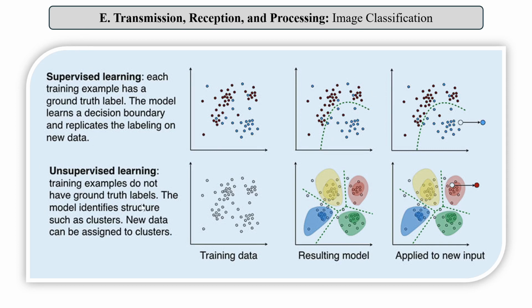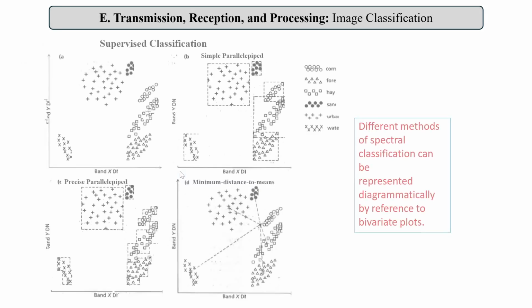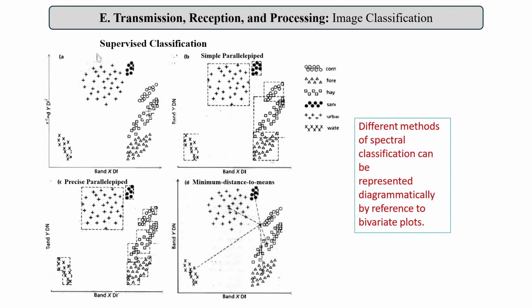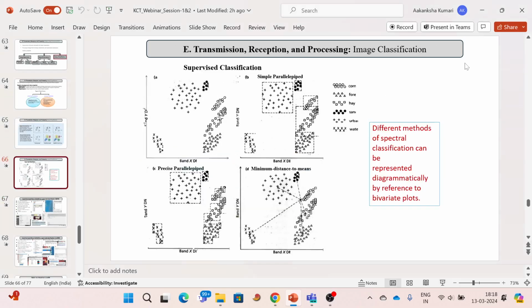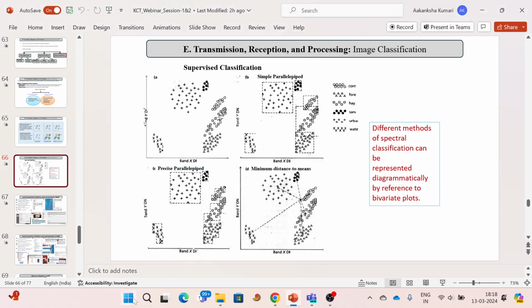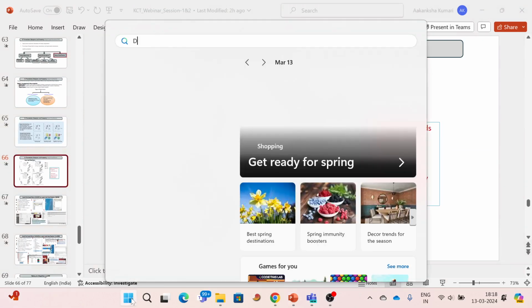The computer takes the data set and makes clusters, and based on these clusters it categorizes the data into different classes. Maybe I can show you one example using the software, like how it is done. So let's see.